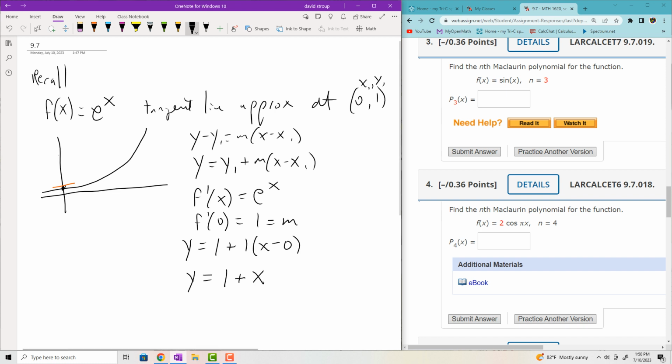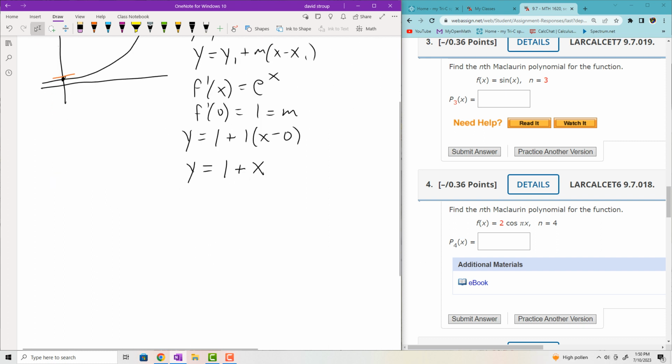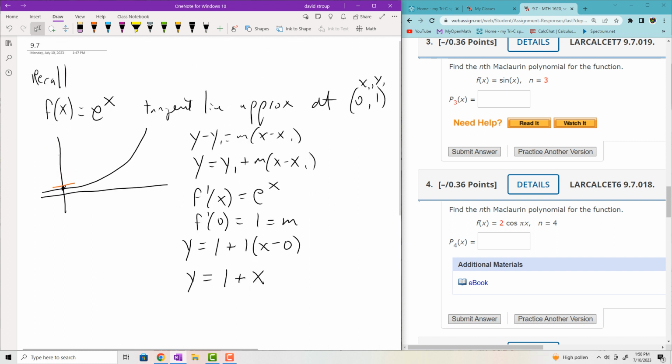What we're going to do now is amp this procedure up. The procedure gives us this equation as your first approximation of the function, and then we're going to start tacking on more and more stuff, and you'll see it builds a series. For now, we're not going to let that go to infinity; we're just going to have a polynomial approximation.